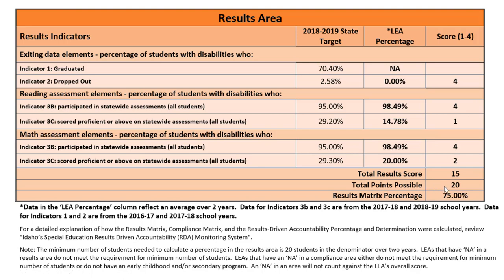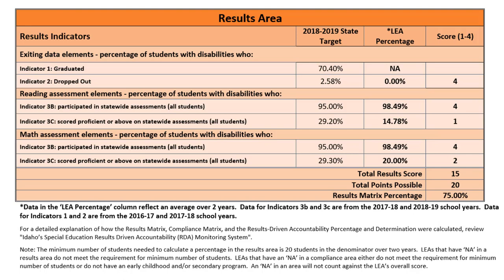So as I was saying before, when faced with small numbers, it doesn't give us an accurate picture of the actual percentages. So this year we have instituted a minimum number of 20 students that are necessary in the denominator of the calculation to be able to give a score for that indicator.